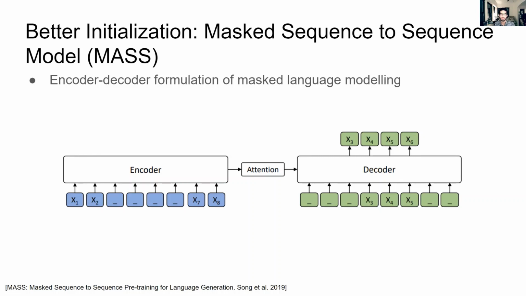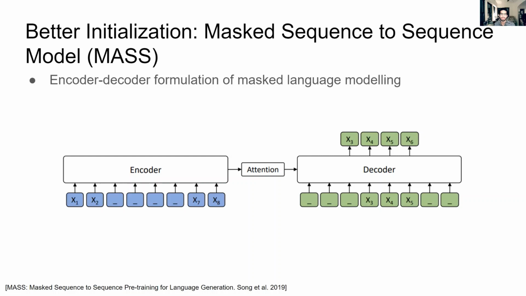So you mask some of the words, you encode the sentence, and then you try to predict the masked words, but using a decoder instead of just predicting at every encoding step.